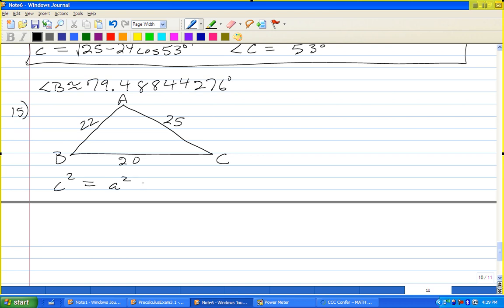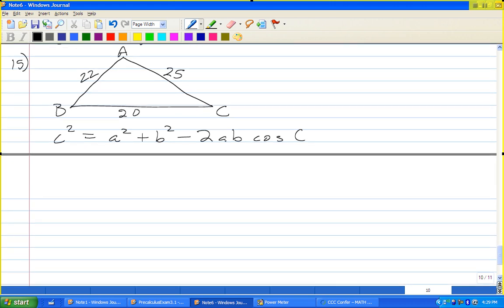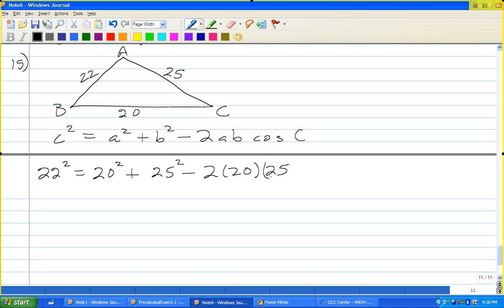C squared equals A squared plus B squared minus 2AB cosine of the measure of angle C. And so 22 squared is equal to 20 squared plus 25 squared minus 2 times 20 times 25 times cosine of C. So 484 is equal to 400 plus 625 minus 1,000 cosine C.